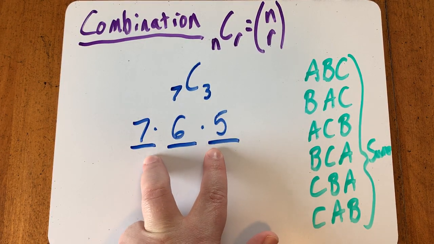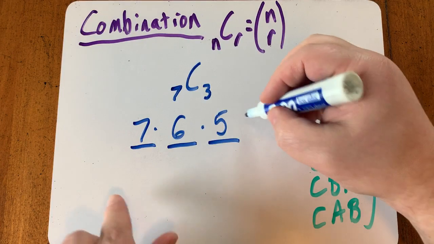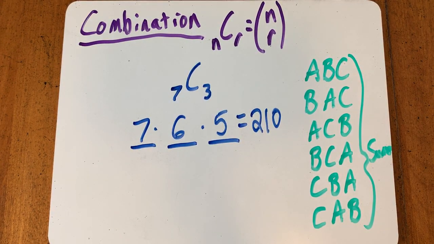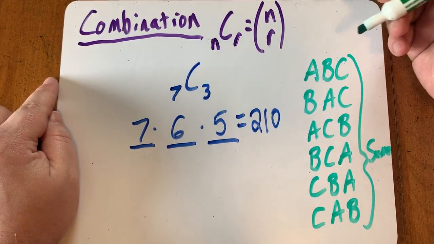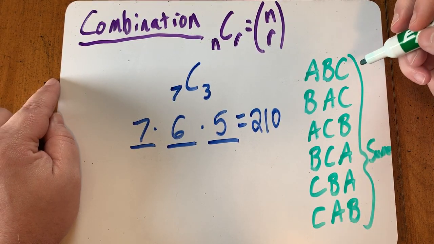So this is not the number of possibilities. This is that permutation. But I'm just going to write the 210 that equals. But for every group of 3 from here, there's 6 of them that are the same.